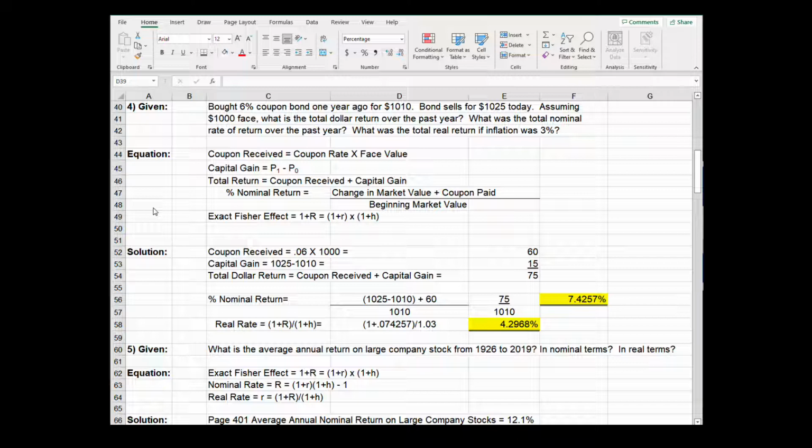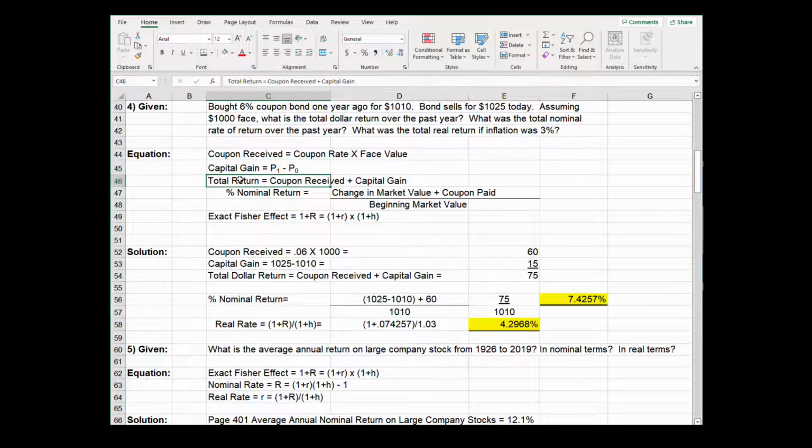And inflation's eating away at this total nominal return at a rate of 3%. So they want to know, what is the total nominal rate of return over the past year? What is the total dollar return? And what is the total real return if we subtract that inflation? The equation is coupon received, this coupon rate times face, and capital gain is price, just like with stock, P1 minus P0.